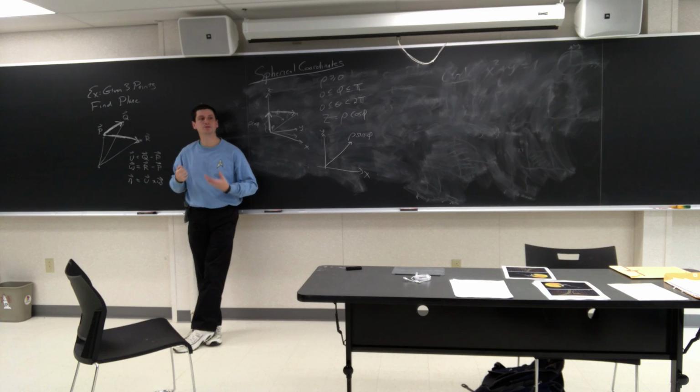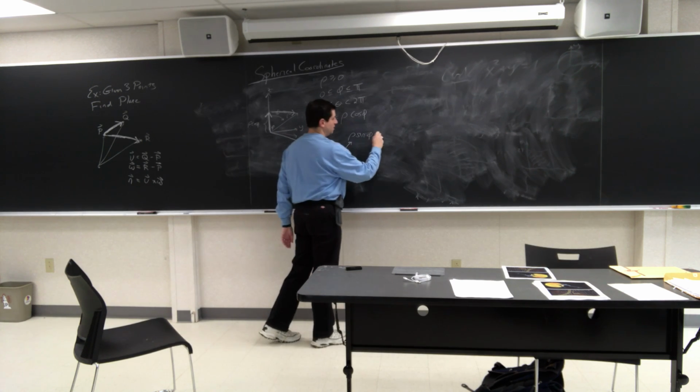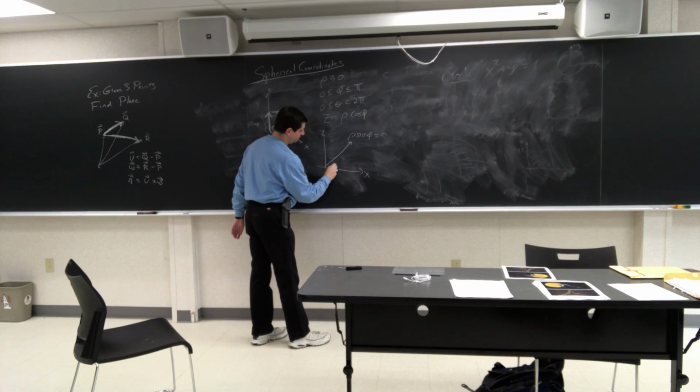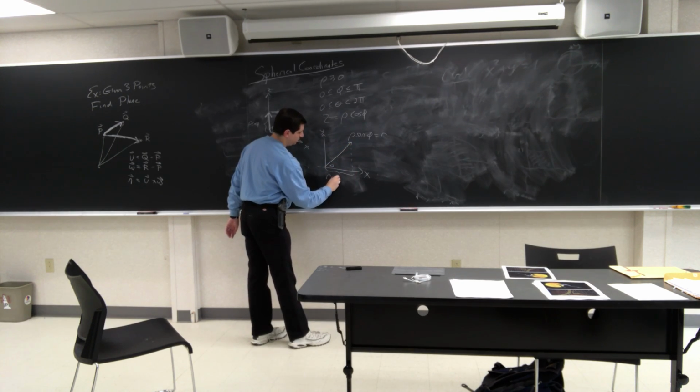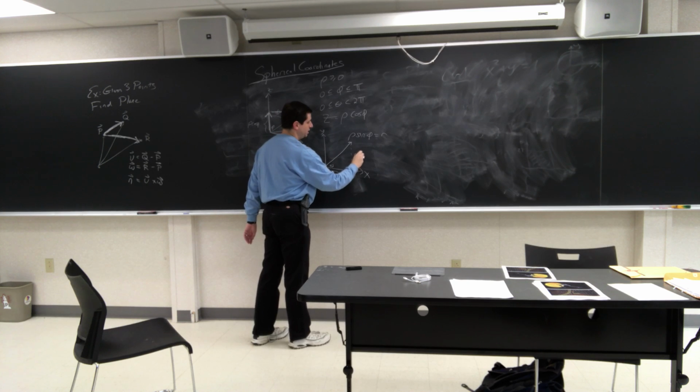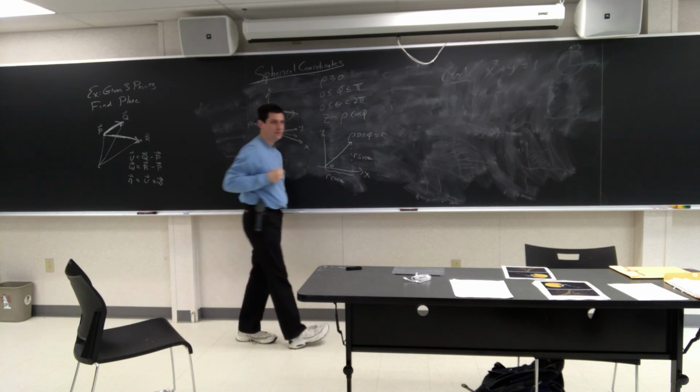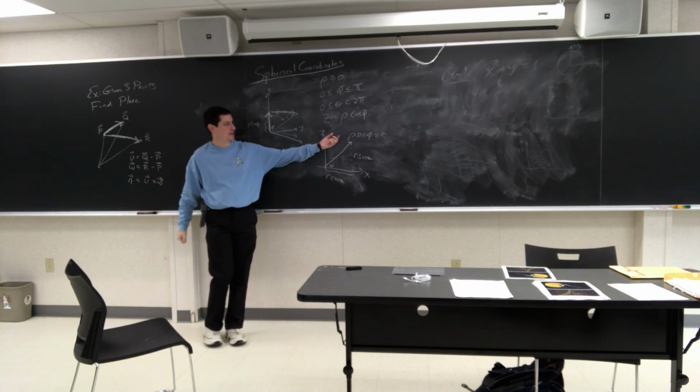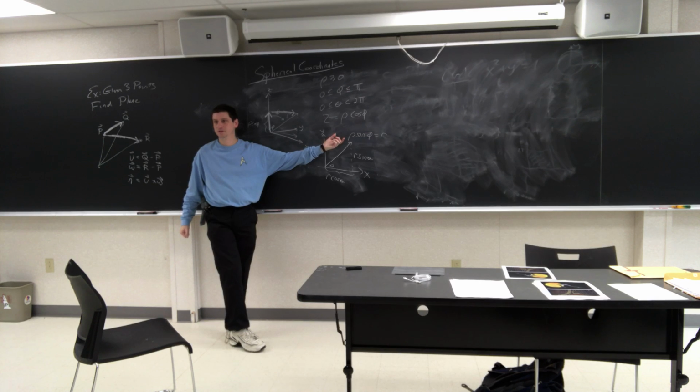In polar coordinates, that would be r. That would be our r. And now here's our angle theta. So this over here would be r cosine theta, and this would be r sine theta. But we just have to remember that r is actually rho sine phi.